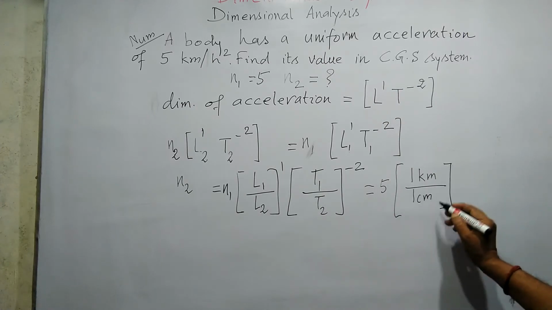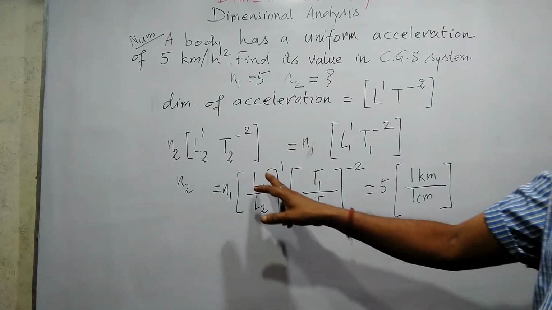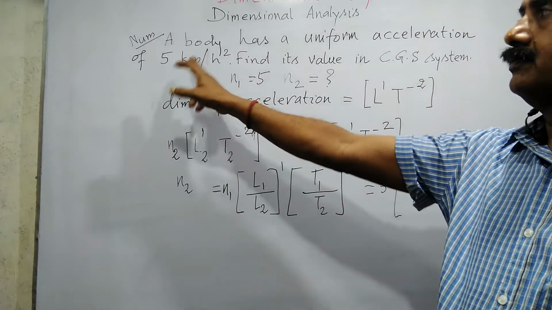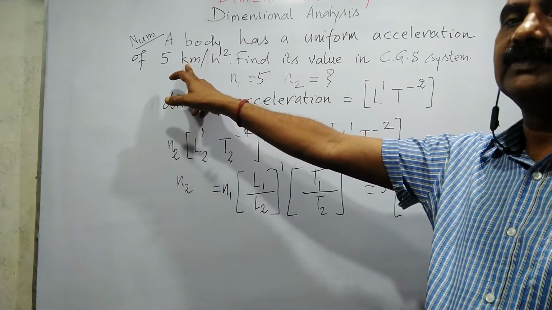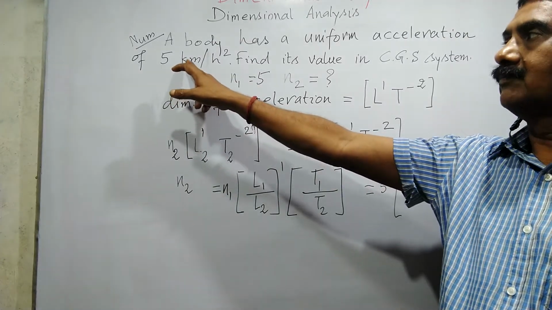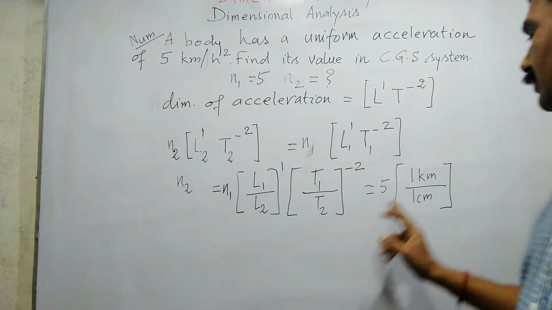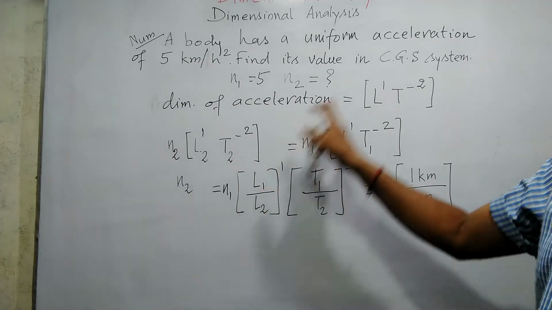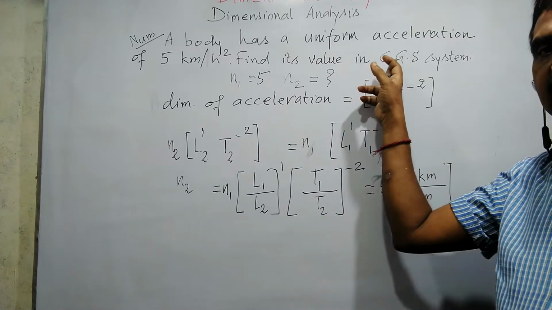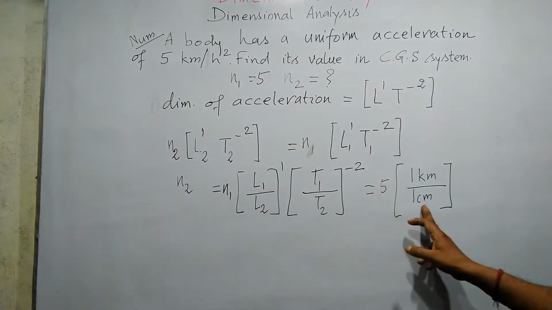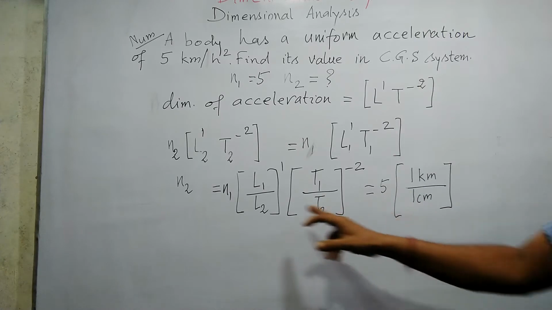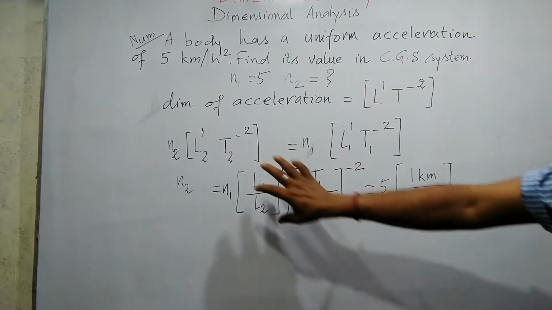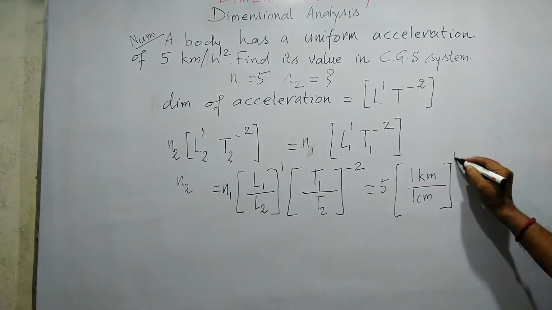L1 is for the first system, where the unit is given in kilometer, so this is 1 kilometer. L2 is the dimension of the second system, CGS, so the unit of length will be 1 cm, with power 1.